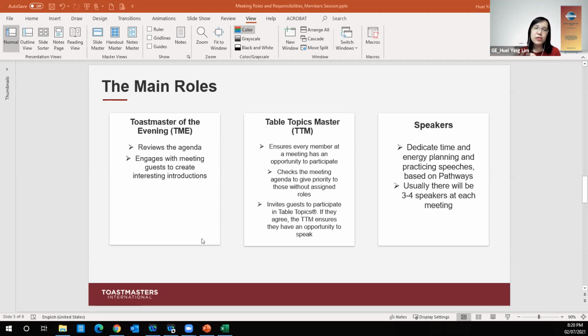You can ask them to name one of their favorite exercises, or the exercise that they dislike the most. So it all depends on creativity. There is no fixed way for the table topic master to arrange how it is done. It can be done in many creative ways.